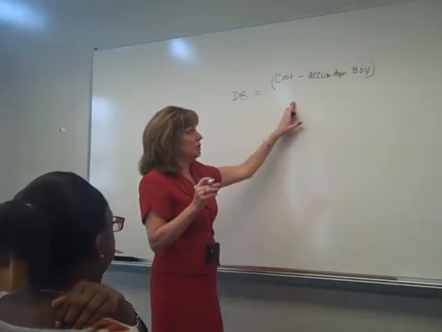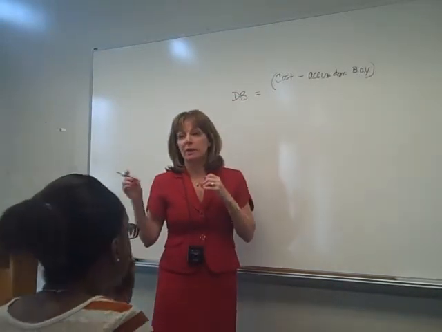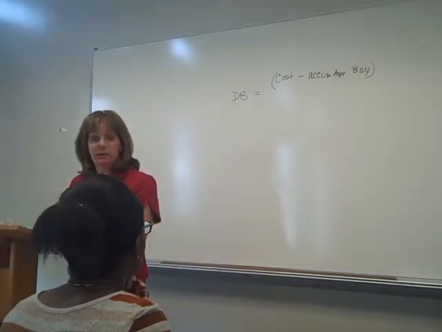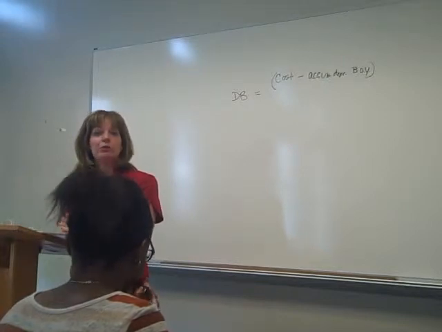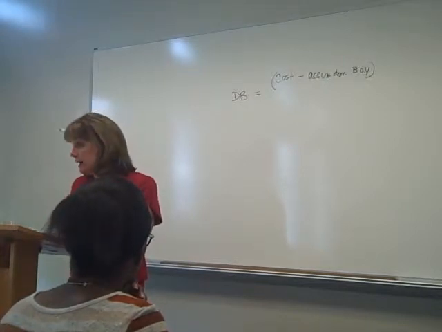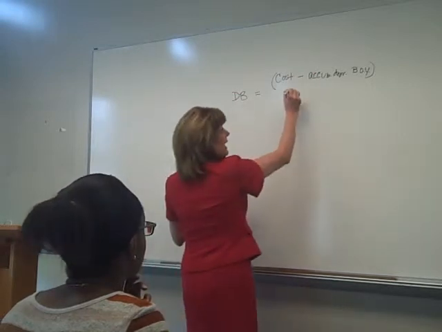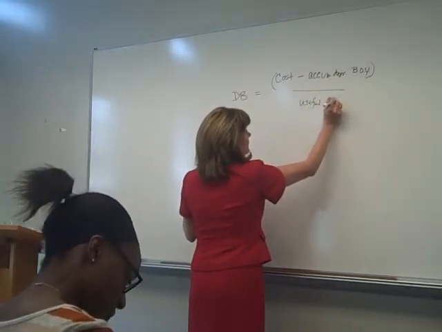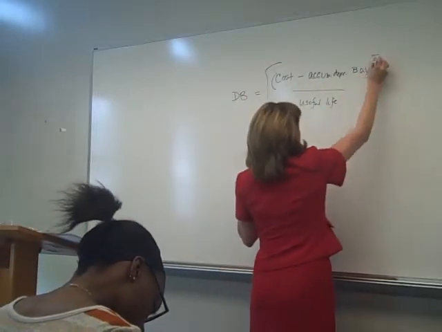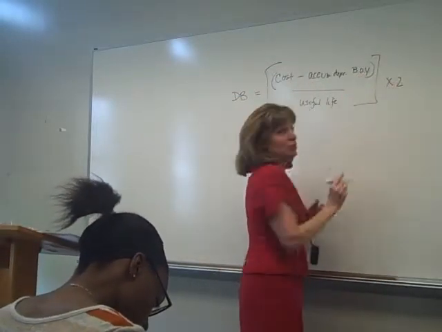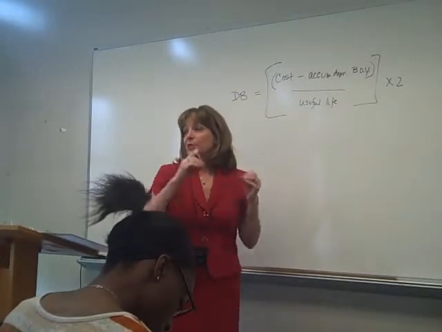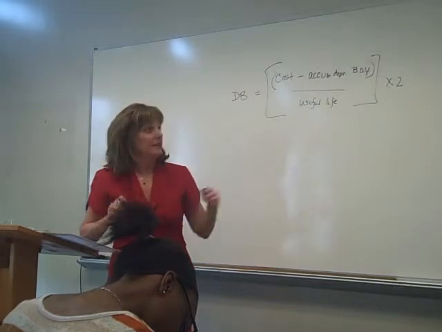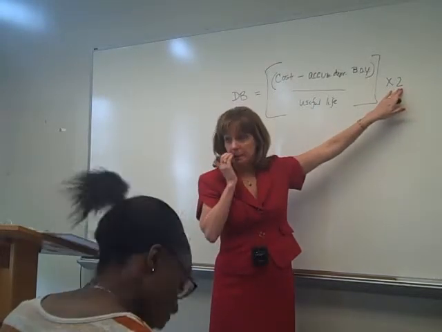So this is a different method in a lot of ways. The book tells you to multiply it by twice the straight line rate. So straight line, 5 years would be 20%. And they double that, so it would be 40%. I can do that, but I like this way better. I like to divide it by useful life and multiply that whole thing times 2. There's the double of your double declining balance. Twice the straight line rate, 2. This is a static number.